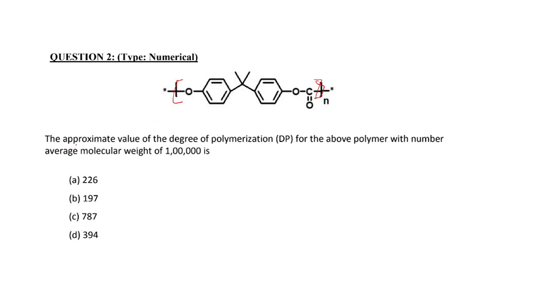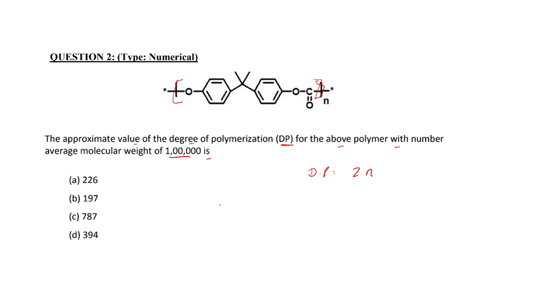The question asks for the approximate value of the degree of polymerization, DP, for the above polymerization with a number average molecular weight of 1 lakh. DP will be 2n here. Why 2n? Because in a repeating unit, two monomers are repeating, so the degree of polymerization will be 2n.